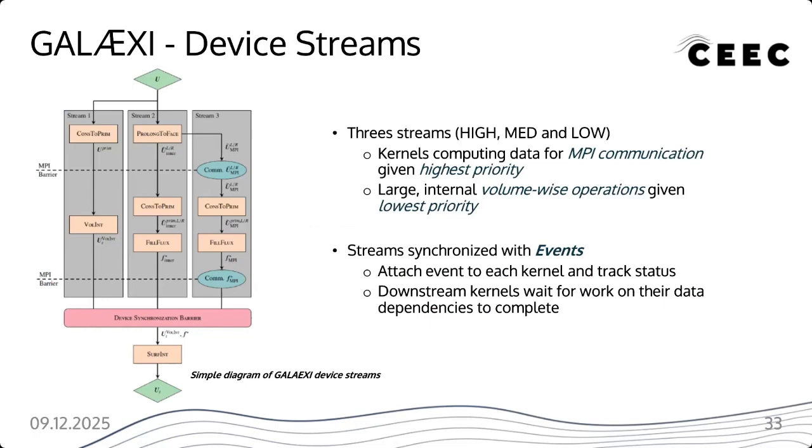So we have kernel 1 that will take data A, work on it, and spit out data B. We then have kernel 2 downstream that takes in data B. We basically attach an event to kernel 1, and we say before kernel 2 starts, make sure that kernel 1 is finished, because that means the work on my input data to kernel 2 is finished. And this allows you to be very, very specific and very, very intentional about data dependencies between your kernels, which will become a huge issue if you decide to use streams.